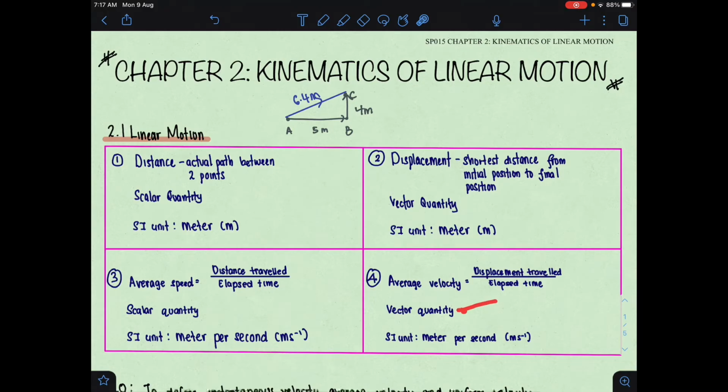Maksudnya ada magnitude dan juga ada direction. The unit here for velocity is the same as your speed, iaitu ms negatif 1. Apa yang membezakan mereka adalah satu adalah scalar quantity, hanya mempunyai magnitude. Another one is a vector quantity, mempunyai magnitude dan juga direction.